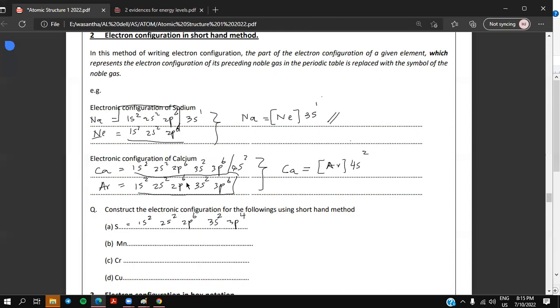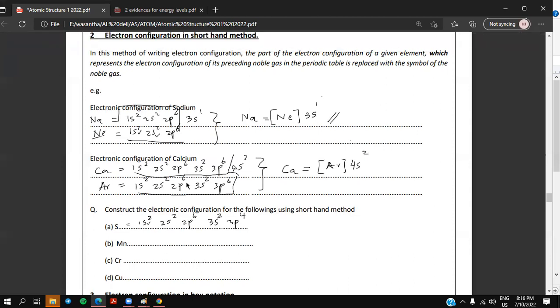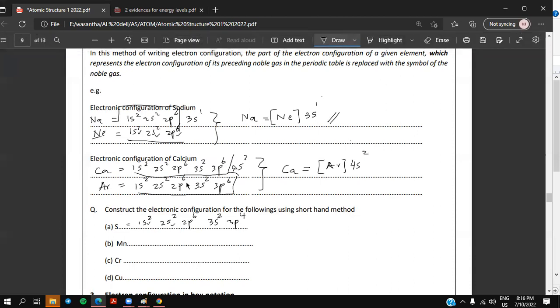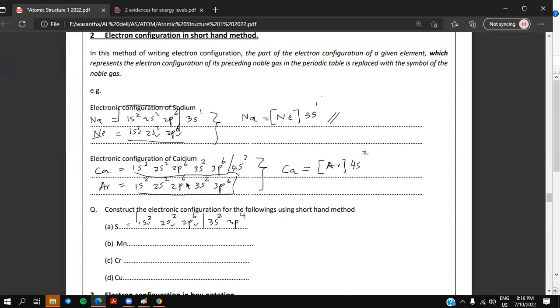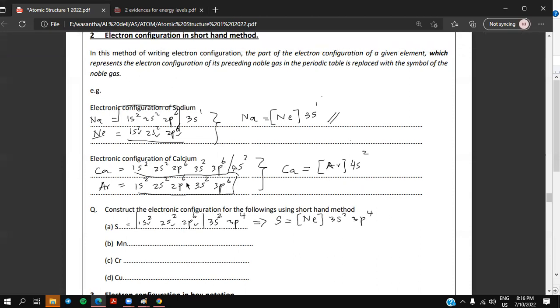Now we have 1s2, 2s2, 2p6, and therefore this part can be represented by the symbol of neon. So electronic configuration is open square bracket and write neon, and afterwards 3s2, 3p4. Okay.